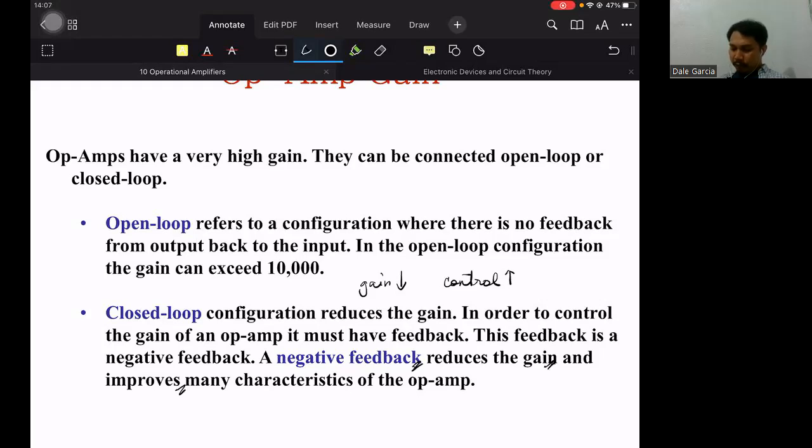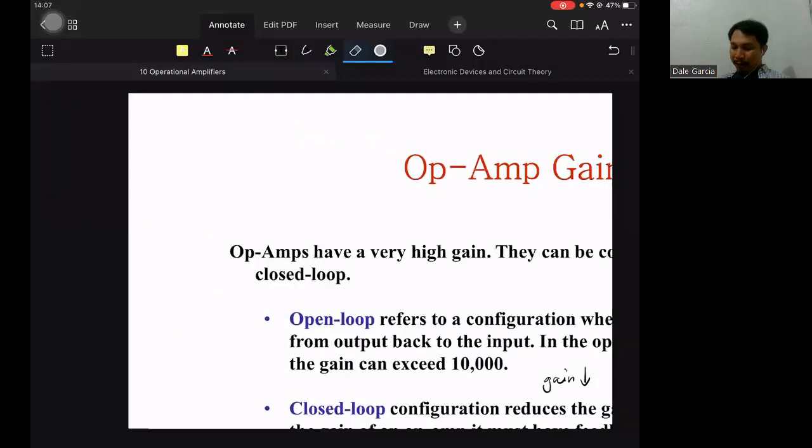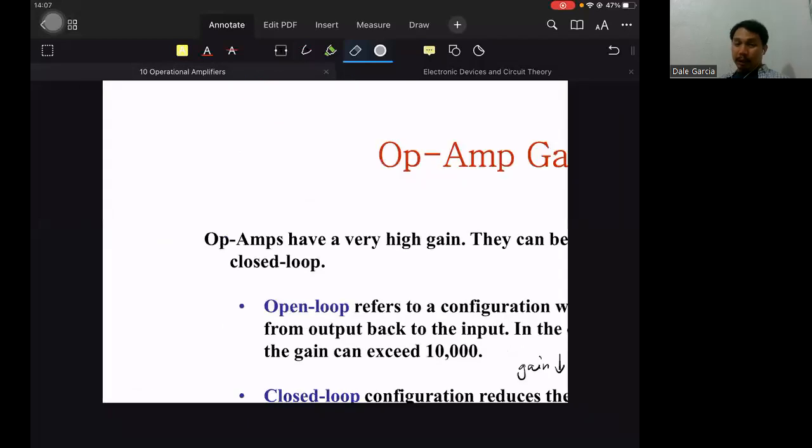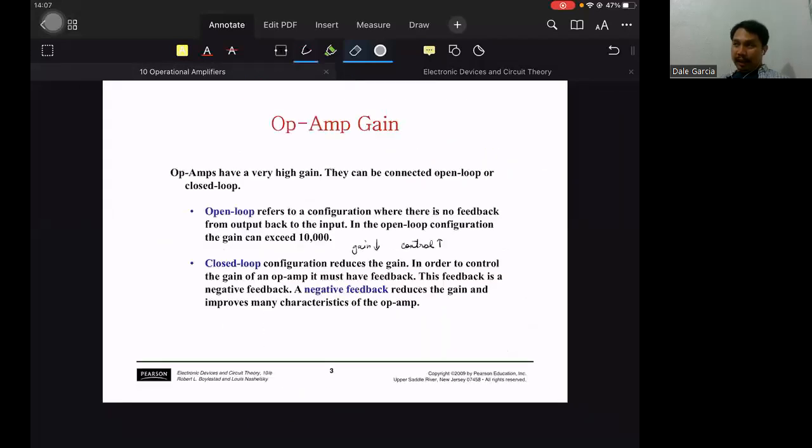But then again, gusto man gid sa nato nga i-reduce ang gain. No? We do not need our op amp to have this amount of gain unless for another specific purpose. May mga instances nga kinahanglanon ginato ni. But for more useful applications, for more interesting operations, we'd want to lower down our gain.